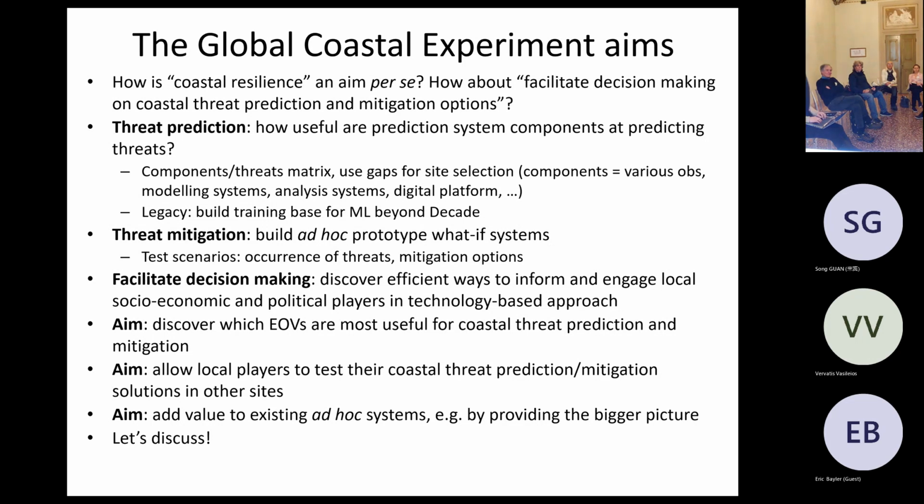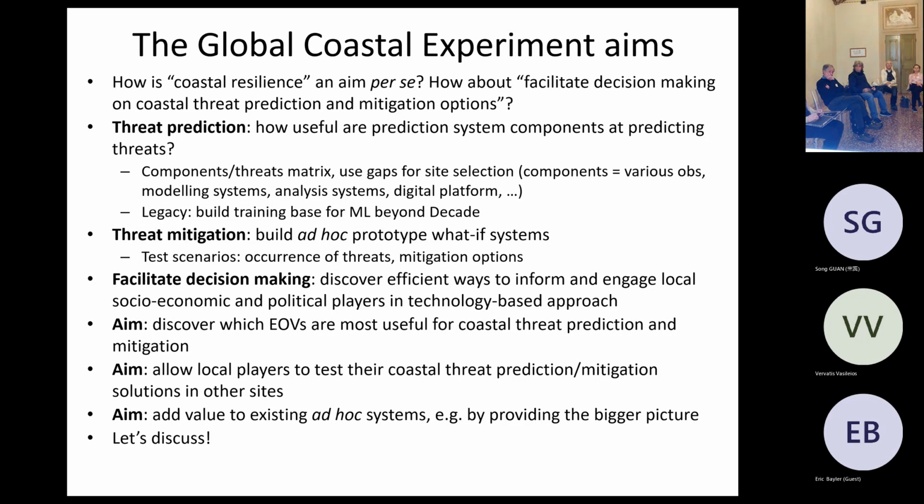Now, if we believe that threat is something which is central to what we want to do, then there are two aspects I can see. The first one is prediction, predicting the occurrence of threats. The first question we could ask ourselves is how useful are prediction system components? Components can be everything at predicting threats.